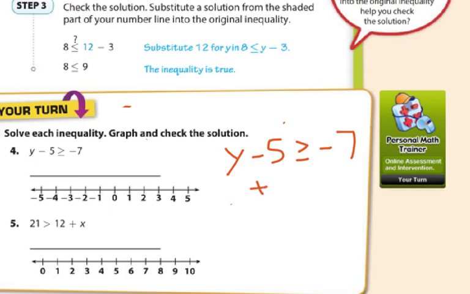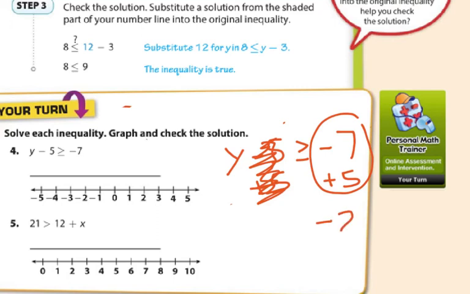You're going to add 5 to both sides because it's being subtracted right now. So in order to get rid of this 5, it was a negative, I have to add 5 to both sides. And looking at these two, it's going to be a negative number because that's the greater absolute value. And I'm at negative 2 when I add those two together. And so I'm left with y is greater than or equal to negative 2.